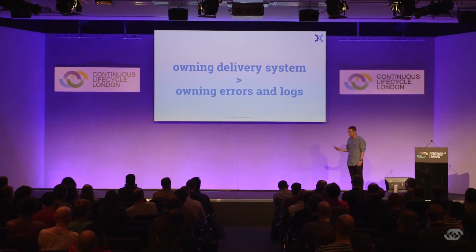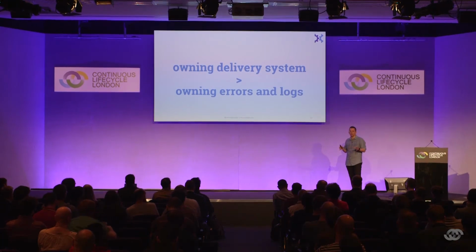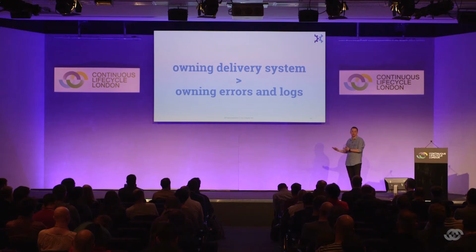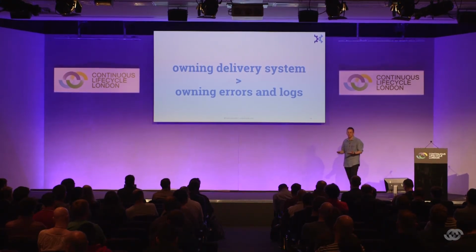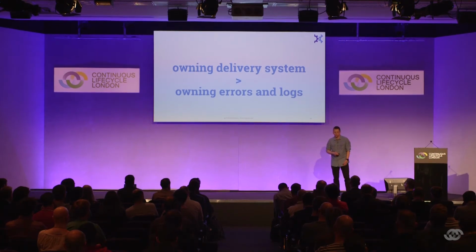So either you have shared ownership that everyone feels like that, or at least you have some people who are the initiators, who are on alert if the delivery system is down or failing, that they initiate the recovery and diagnosing of what's going on.